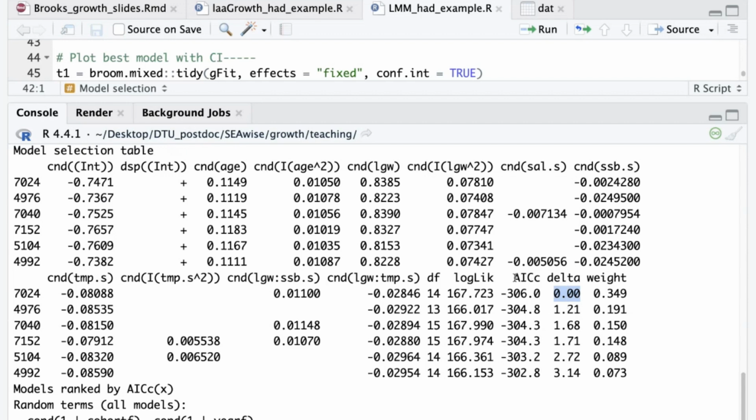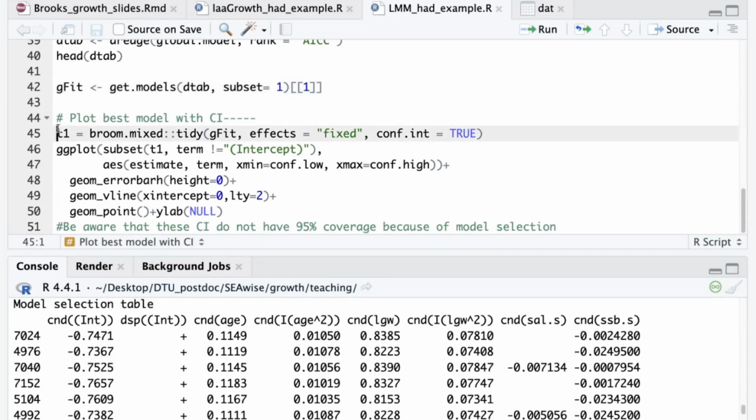And the AICC is meaningless on its own. We could compare it to the mechanistic models only if you're modeling the same response variable of log weight. But for the mechanistic models that I'm going to show you later, we have a different response variable, so you can't even use the AICC for anything.